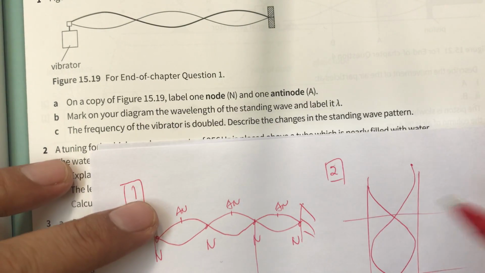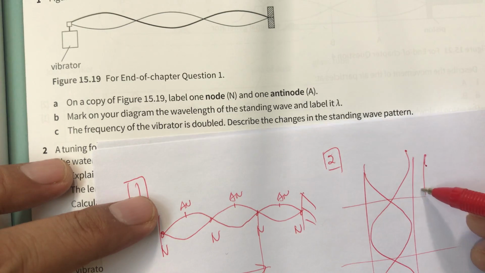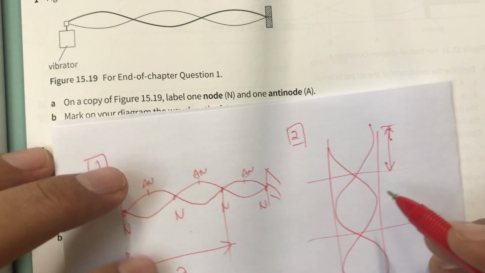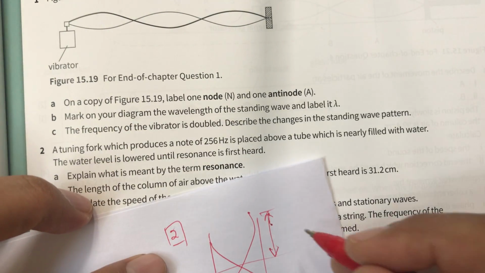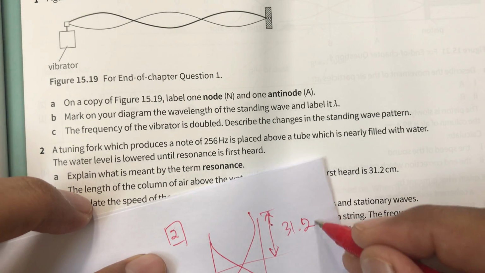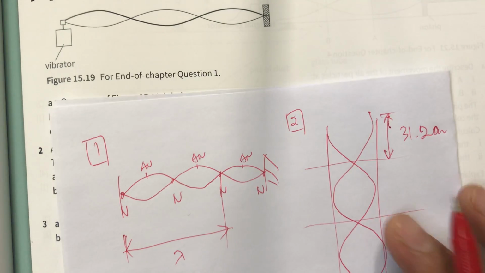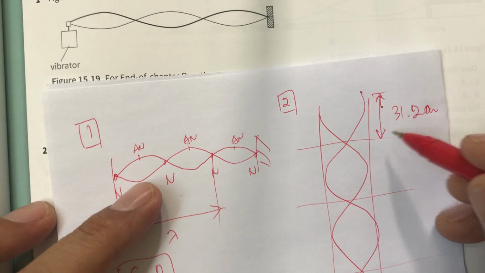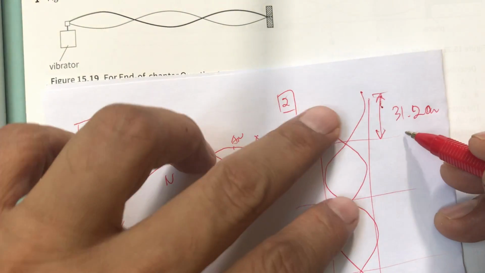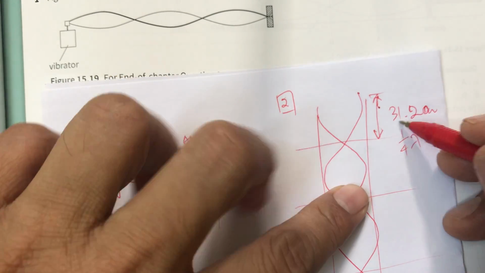Okay, the first resonance heard is at 31.2 centimeter. So this is actually 1/4 lambda.